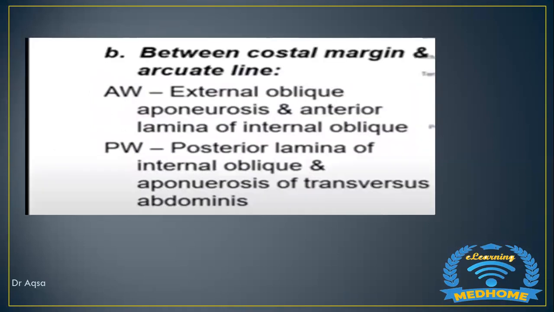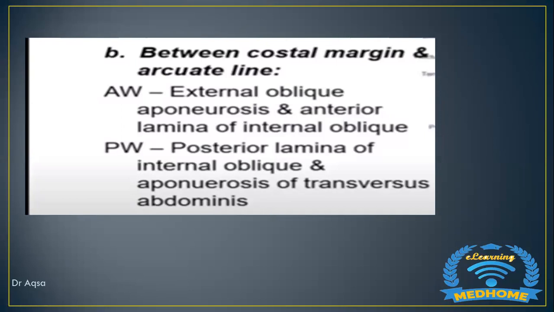Now, what happens in between the costal margin and the arcuate line? The anterior wall is formed by the aponeurosis of the external oblique as well as the internal oblique muscle. While posteriorly, there is the posterior lamina of the internal oblique and the aponeurosis of the transverse abdominis muscle.